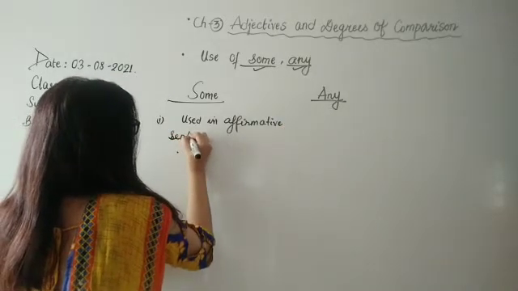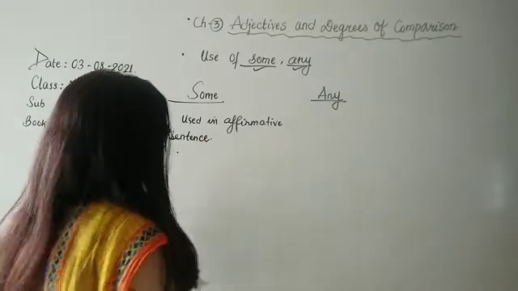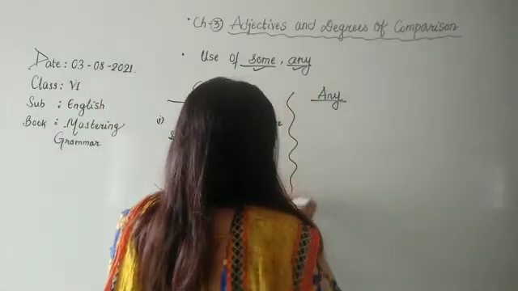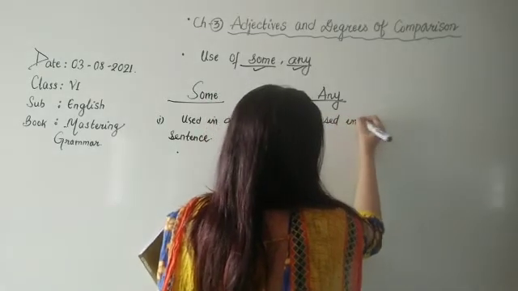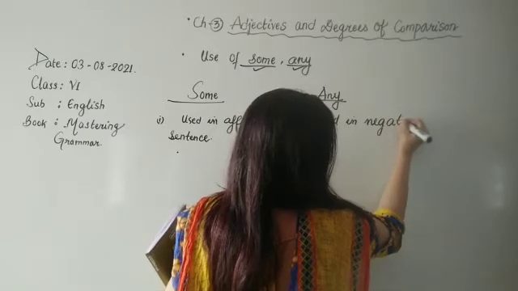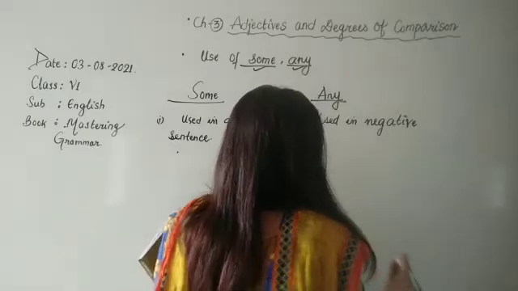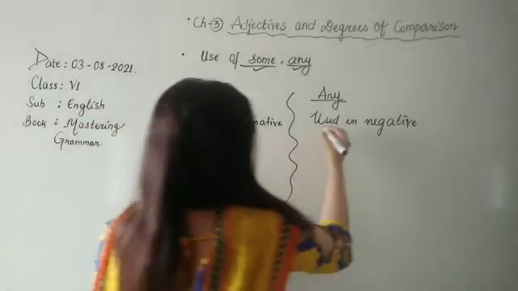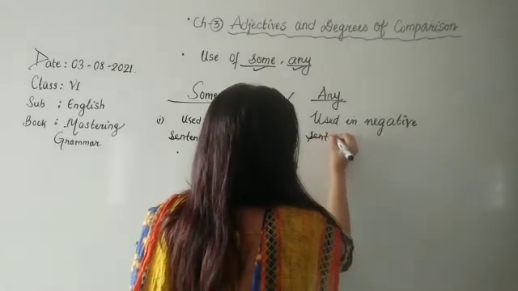That means when you have something positive to say. Now this one is used in negative sentences or negative sense. That means if you have none or if you have anything which is less. So this is used in negative sentences or negative sense.